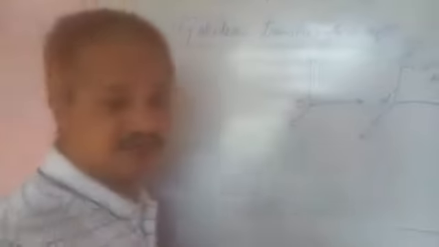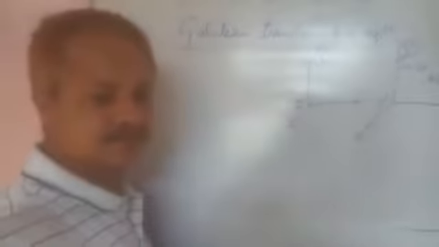With respect to frame S dash, the coordinates are X dash, Y dash, Z dash, T dash. Then this is the distance, X distance, and this is our X dash distance.